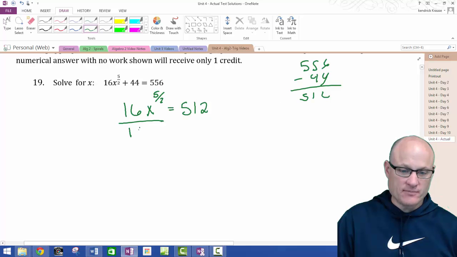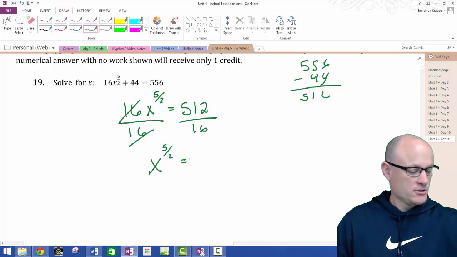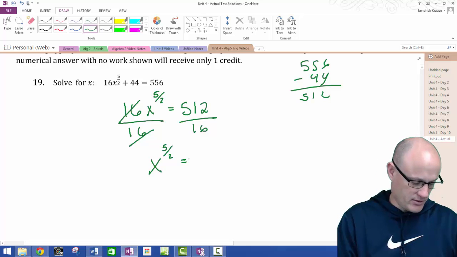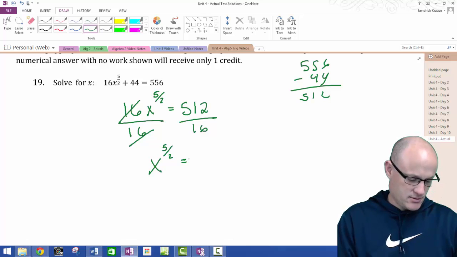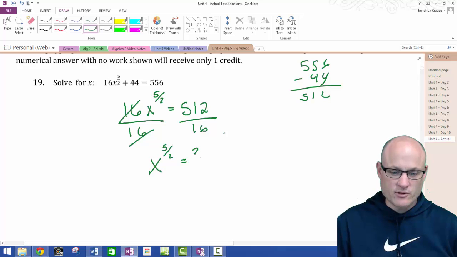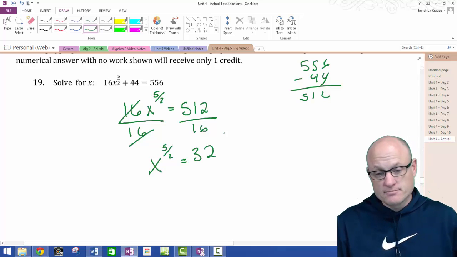Divide by 16. Divide by 16. And I get x to the 5 halves equals... 512 divided by 16 equals 32. So equals 32, that's right. All right, and I'm almost done.